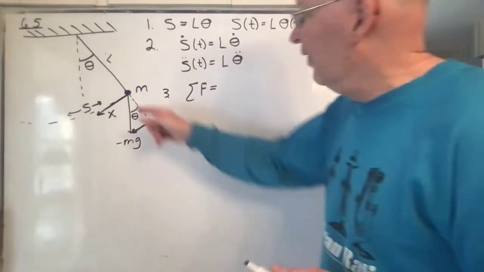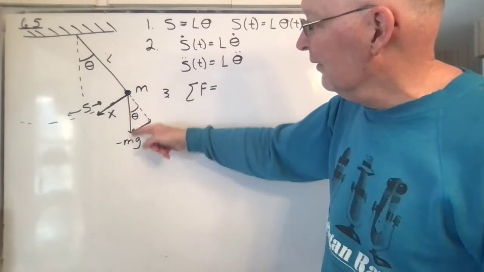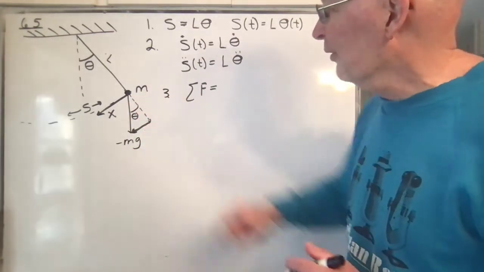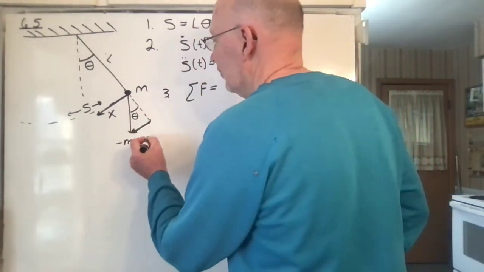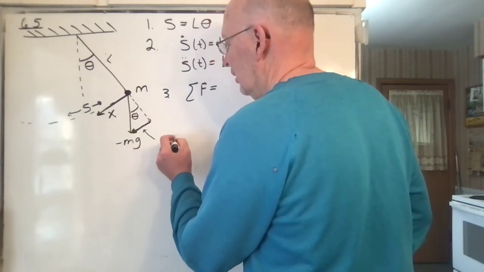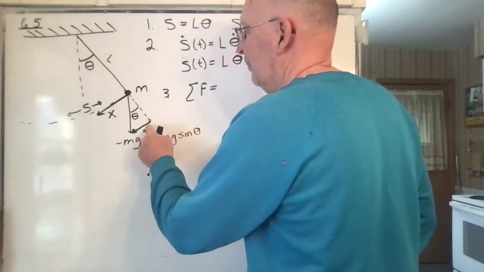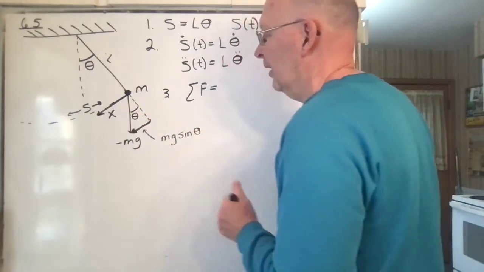So anyway, this force right here, this length is negative mg, and this angle is theta. So the length of this one is going to be what? mg sine of theta. Agreed? The opposite over hypotenuse.